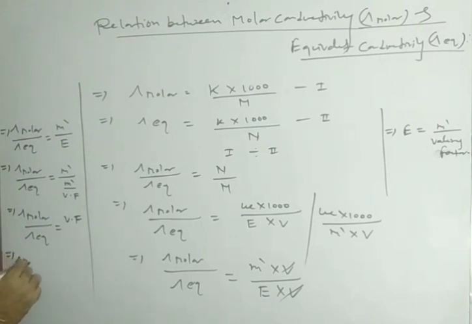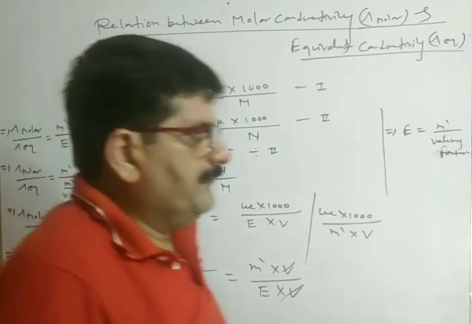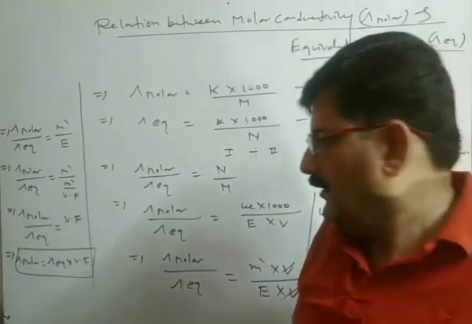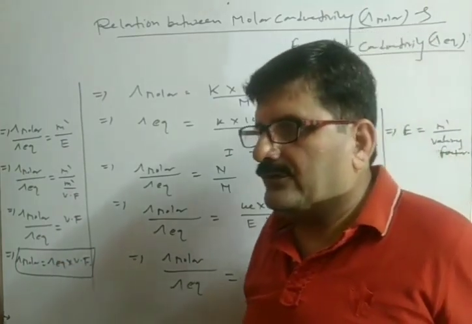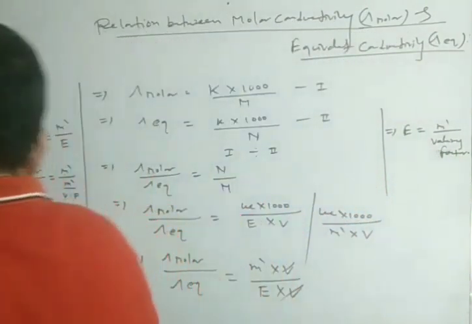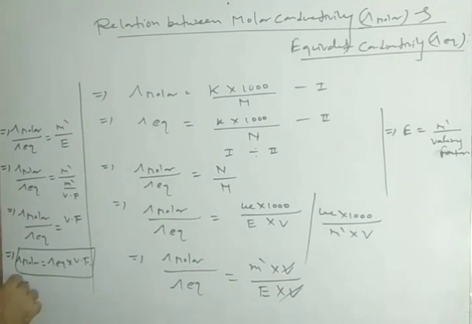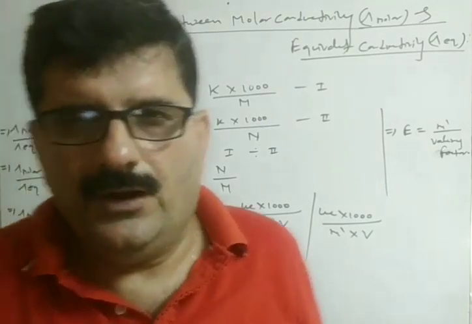So molar conductivity equals equivalent conductance into VF. So if the valency factor is given and equivalent conductivity is given, then both multiplied gives what? Molar conductivity for the given electrolyte.